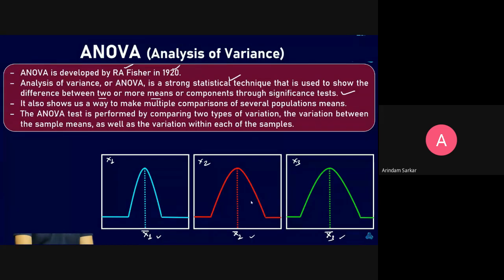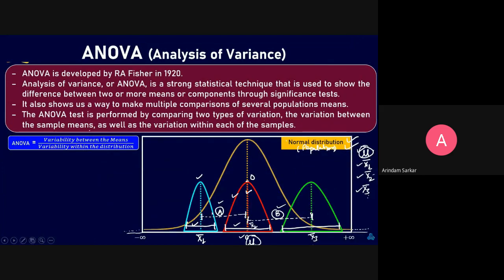These are the different samples x1, x2, x3, and this is the mean of each sample. Look at the dotted lines, x1 bar, x2 bar, and x3 bar. If I plot my graph like this, all these are subsamples of the universal population, right? x1 bar, x2 bar, x3 bar are the means of each sample.